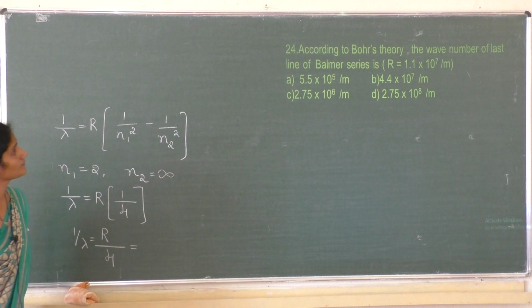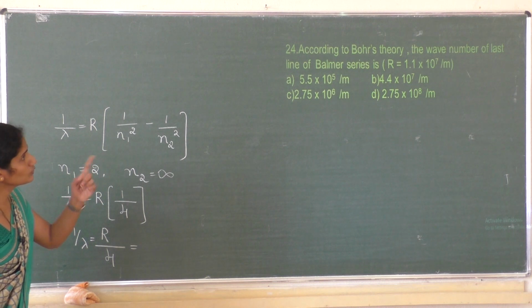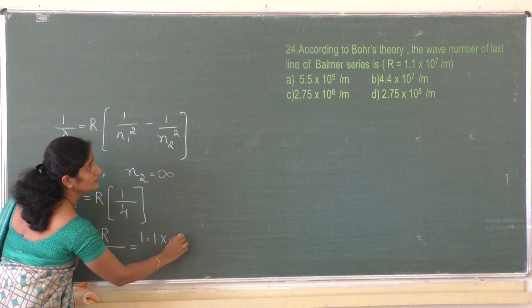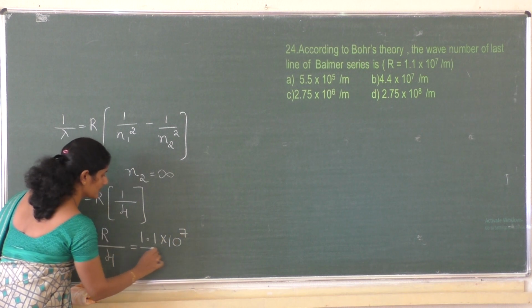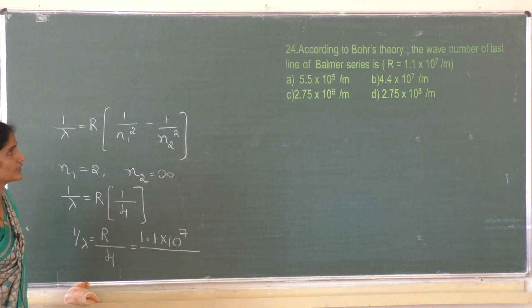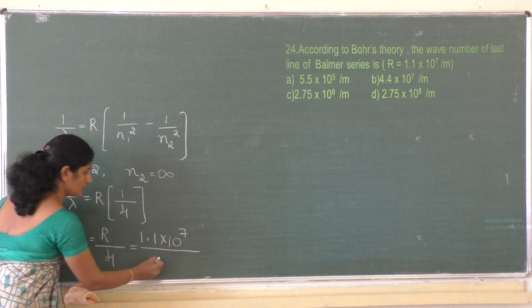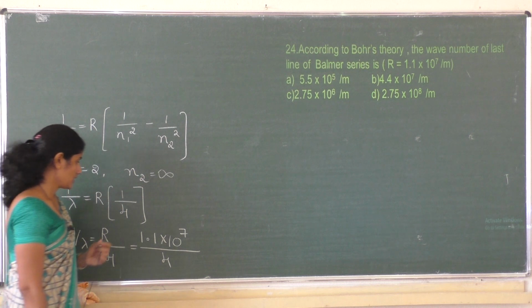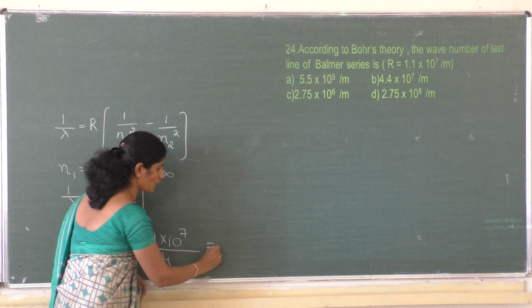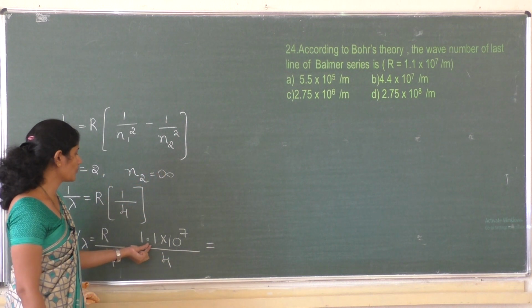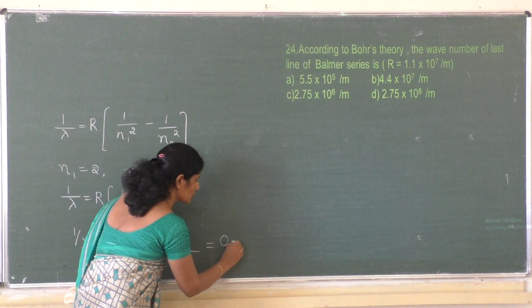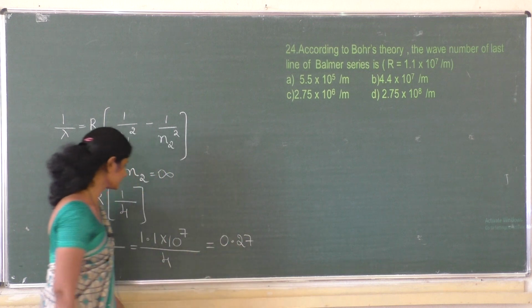The Rydberg constant r is 1.1 into 10 to the power 7, divided by 4. Here 1.1 divided by 4 gives the value 0.27.